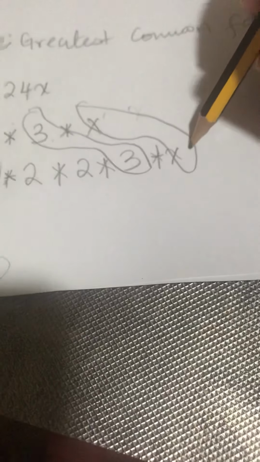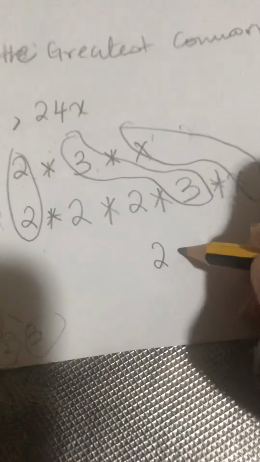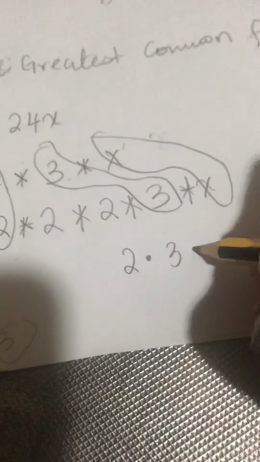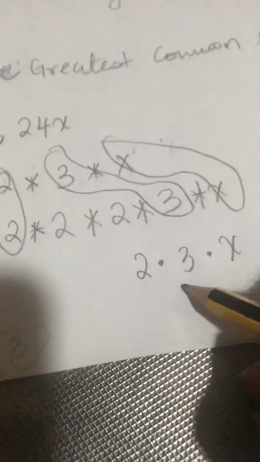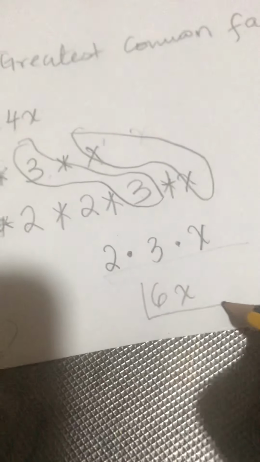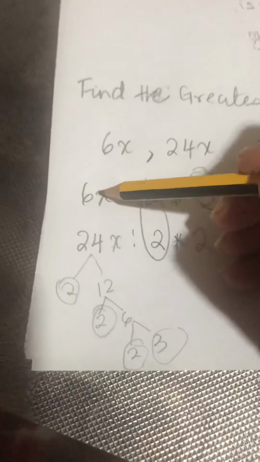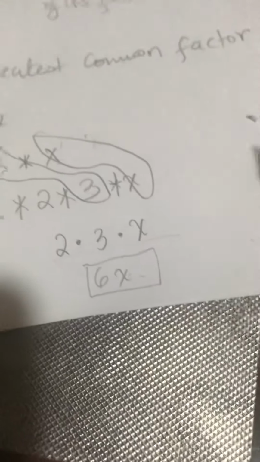This x has a friend down here. So I only write the numbers I circled. 2 times 3 times x. So this will be 6x. And this is my answer. So the greatest common factor of 6x and 24x is 6x.